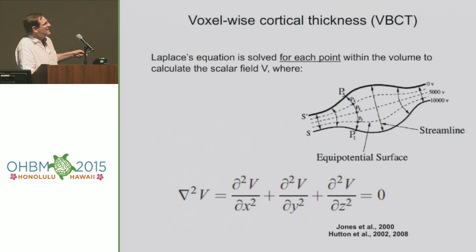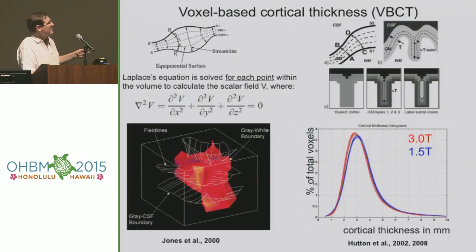So this gives us a one-to-one mapping from inner to outer surface and a measure of cortical thickness at each location. Hutton in 2008, with some early work in 2002, extended this basic approach to allow extraction of streamlines over sub-layers within cortex.